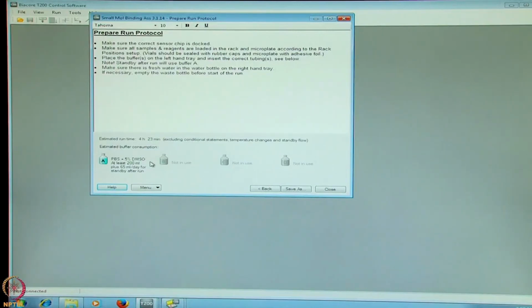Preparation of the running buffer, preparation of the samples, checking for the solubility, checking for the aggregation is very important when we set up our small molecule interactions. Immobilization level should be high. The machine should be cleaned or desorbed at least 1 day prior. The instrument should be equilibrated with the running buffer for at least 6 hours before the start of the experiment.